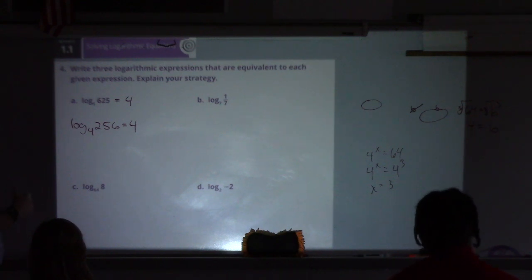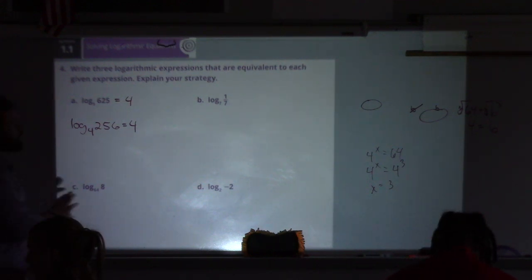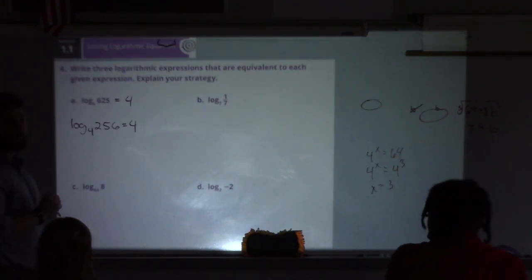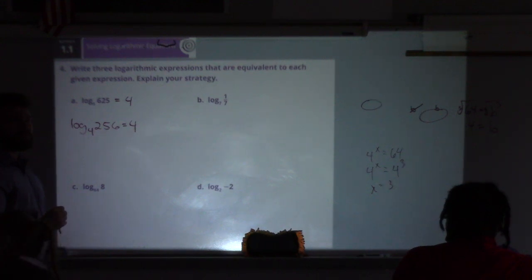Now, I want to point this out, because I don't want you to just use a calculator. That is not the point of today. To type in a logarithm and get it that way, you need to think through these things to build better understanding of what's happening. When I look right here, log base 7 of 1/7, what kind of exponent should I be thinking about? A negative? Any ideas?